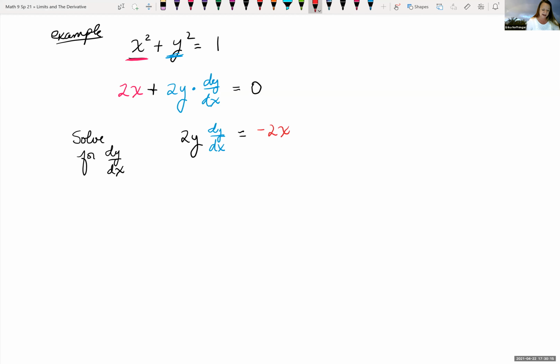Let's divide both sides by 2y to get that dy dx by itself. So we get dy dx is equal to negative 2x divided by positive 2y. So our derivative is equal to negative x over y.